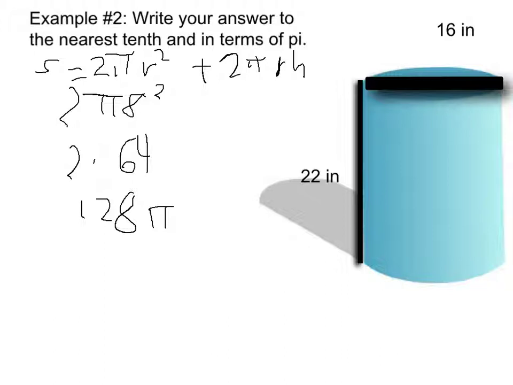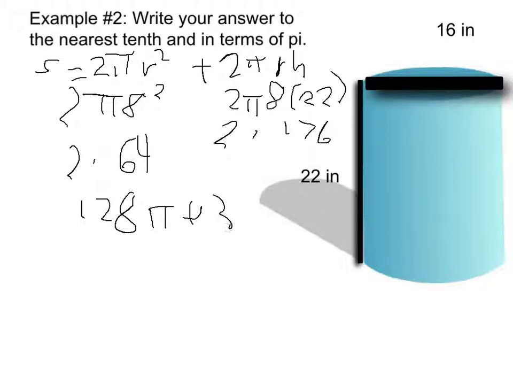For the other side, the radius will still be 8, and the height is 22. First, you do 8 times 22, and you get 176. And then you times it by 2, and you get 352, and then bring down the pi.